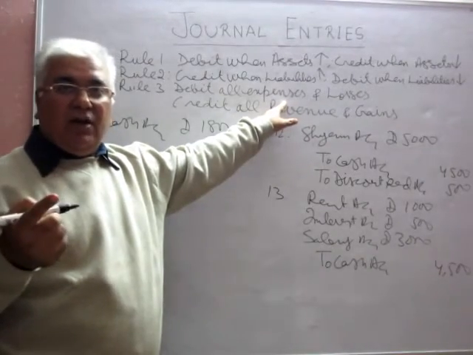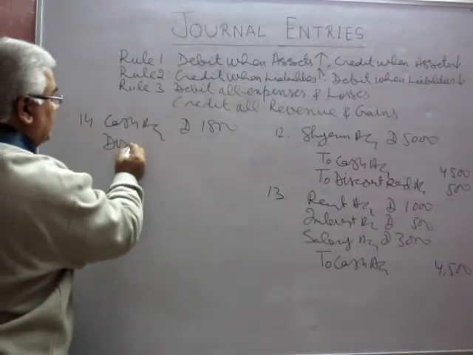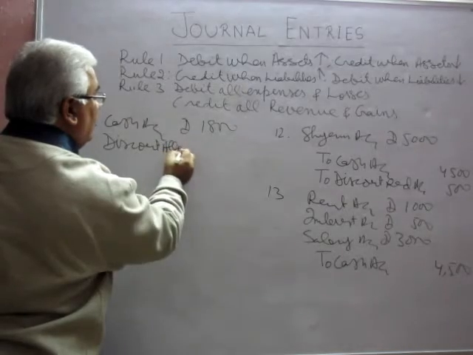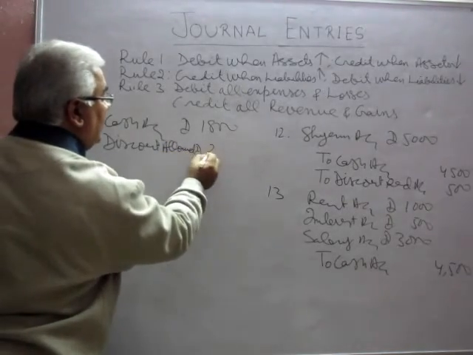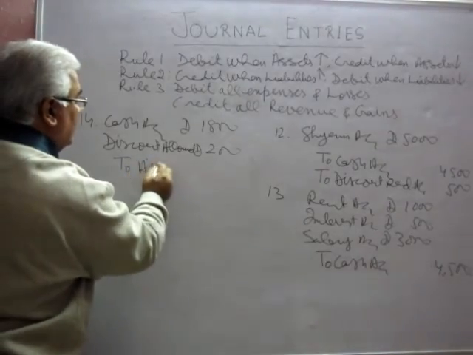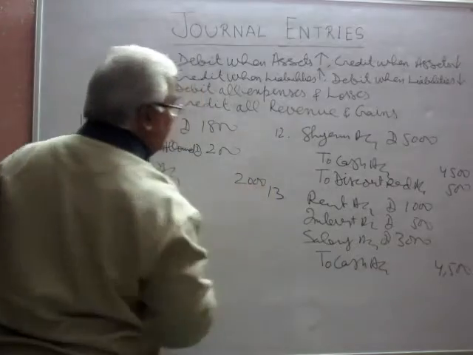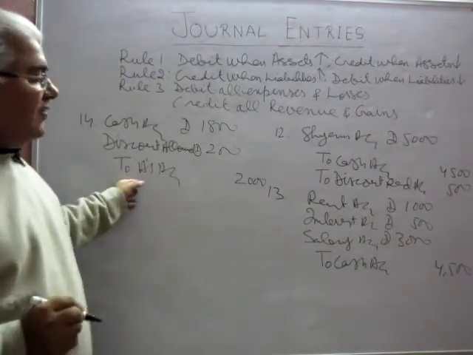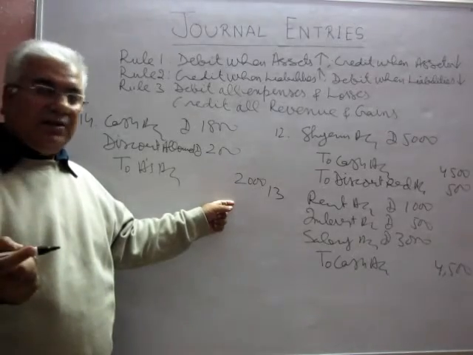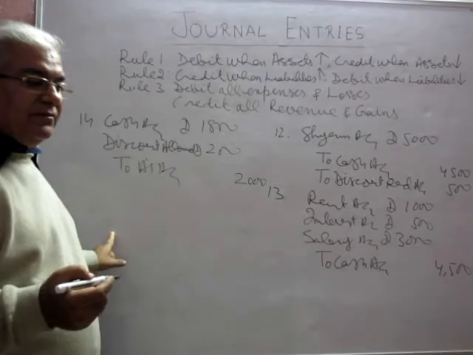So discount allowed account will be debited 200 to A's account. A's account will be credited by 2,000 because our asset has reduced by 2,000. Asset was debtor. This is again a compound entry.